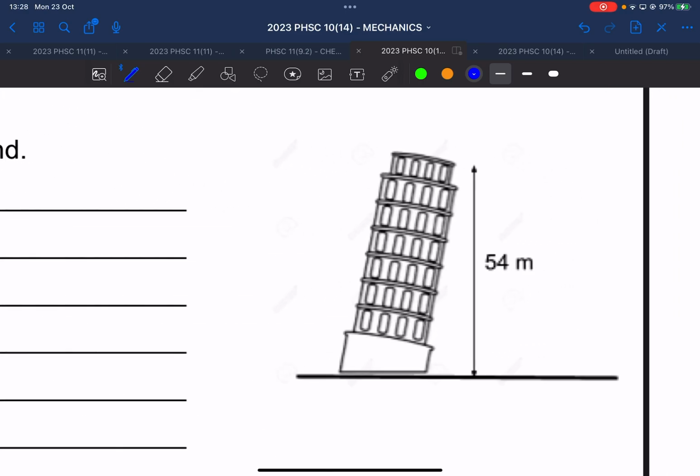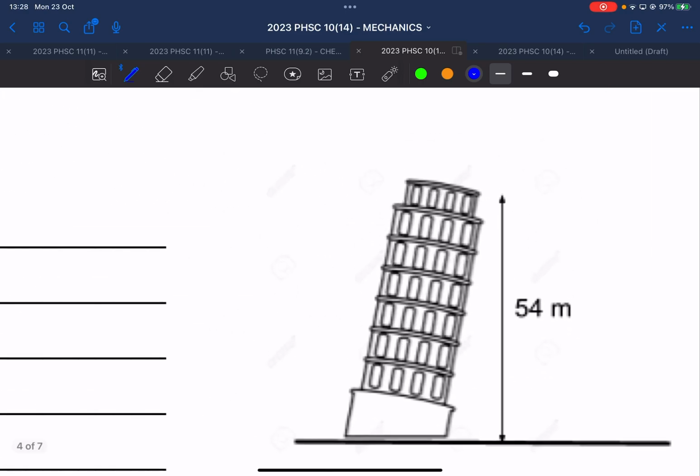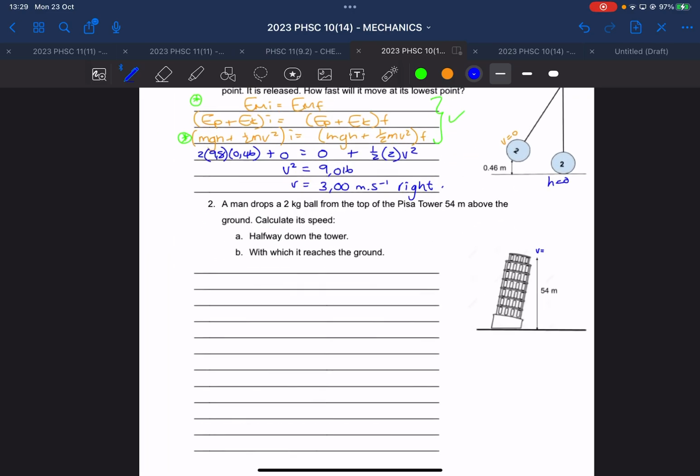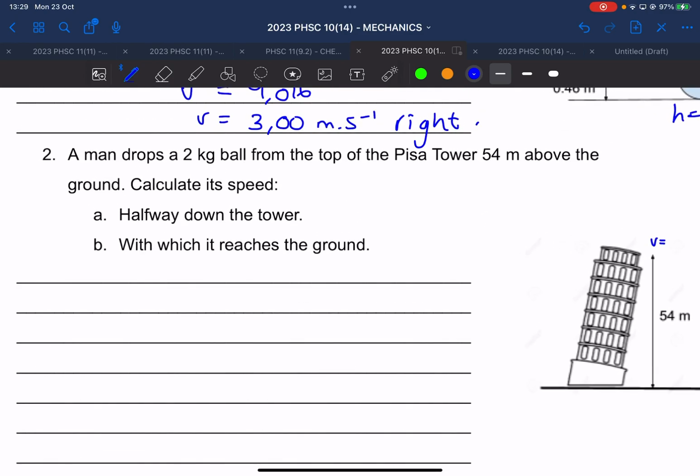Okay, now first let's see what information we have here. What is the velocity of the ball there at the top, Rory? No, that is not why. It can have a velocity there, but they say it is dropped.